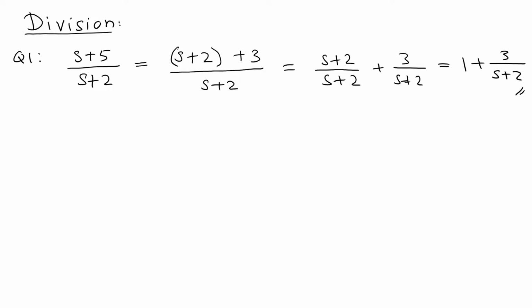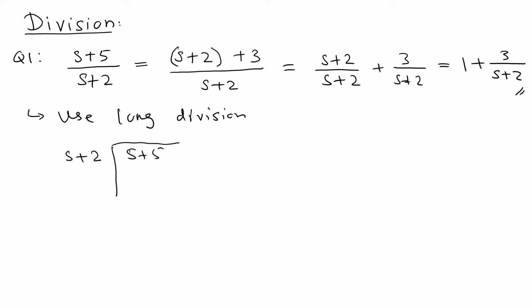And also, you can get the same answer by using a long division. So let's see how we can do that. It will be useful later. So long division. We have s plus 5, and we divide this by s plus 2.